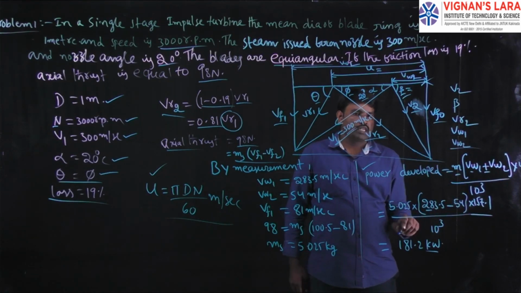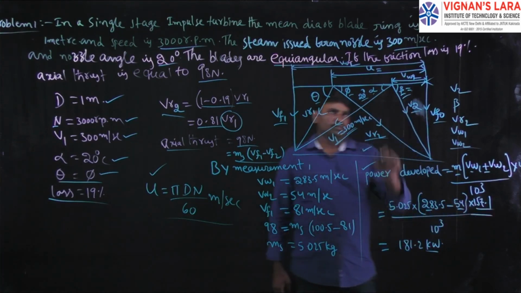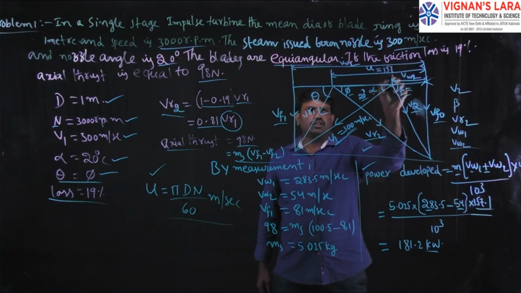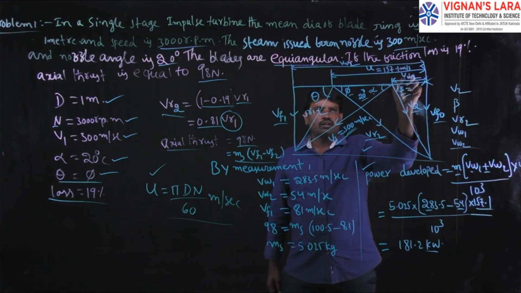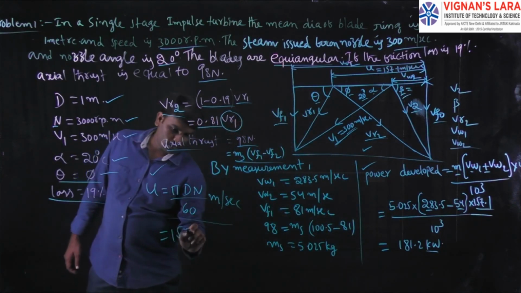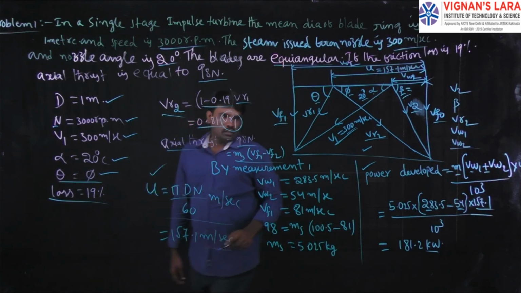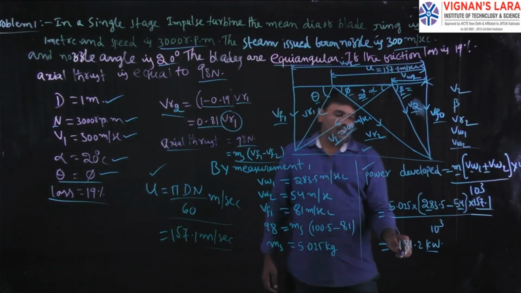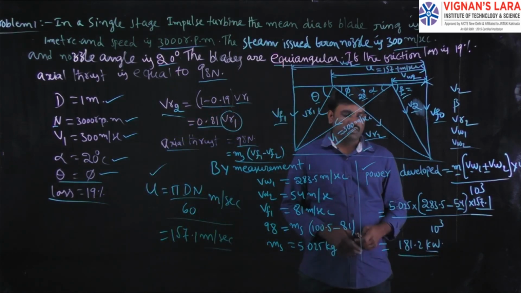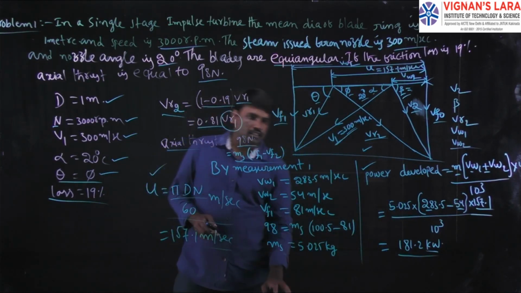Vw1 is 283.5 meter per second and Vw2 is 54 meter per second, and U is 157.1 meter per second. After calculation, the power developed by the turbine is 181.2 kilowatts. Let us see one more problem on this impulse turbine.